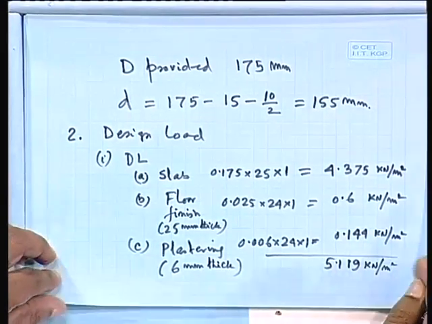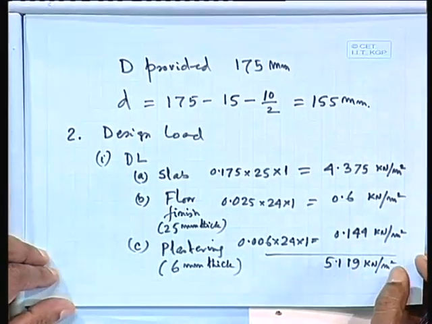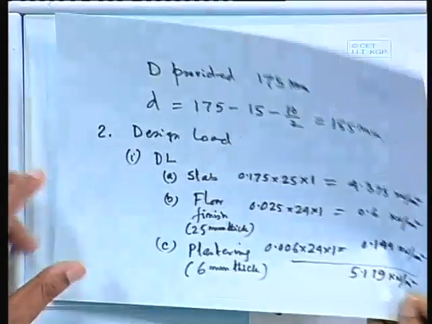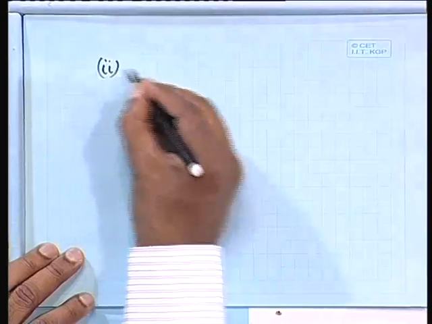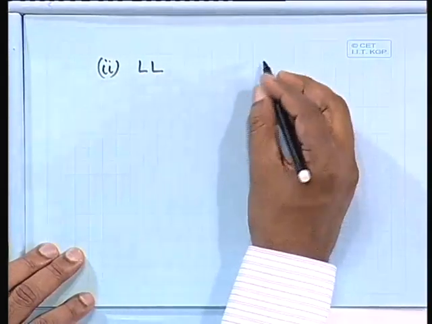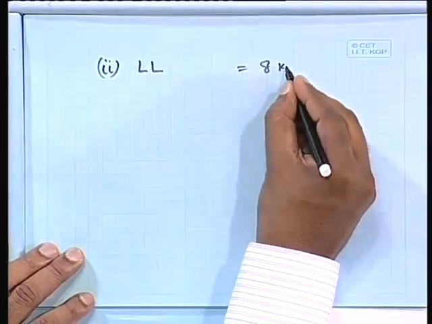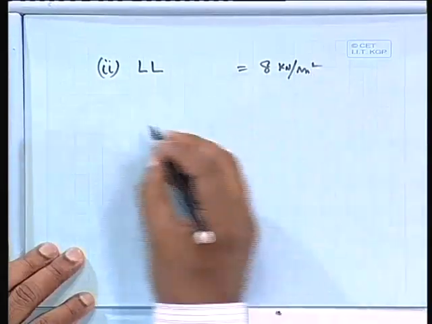What is the live load? So 5.119 kilonewton per square meter is the dead load. Live load, number 2, live load equal to 8 kilonewton per square meter.